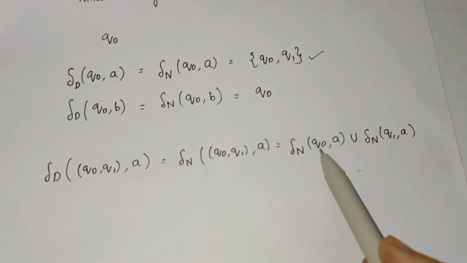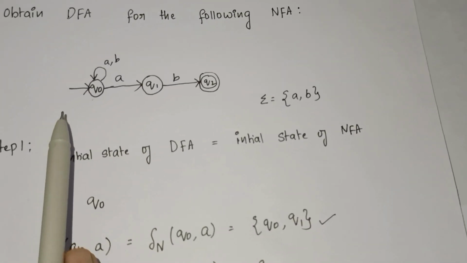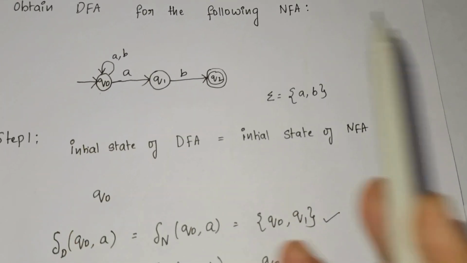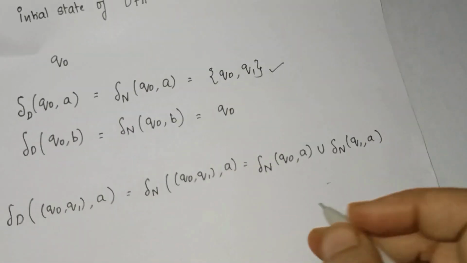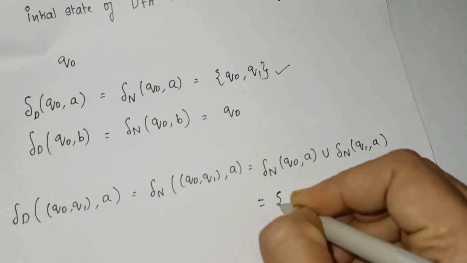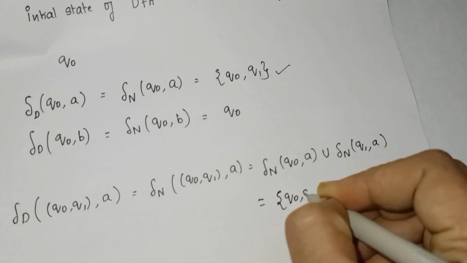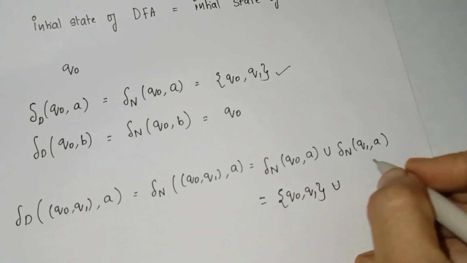Now NFA's Q0 on A is Q0 Q1. We will write that. Q0 on A is Q0 Q1, union, next, Q1 on A.